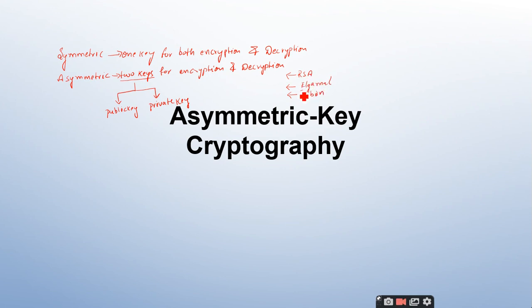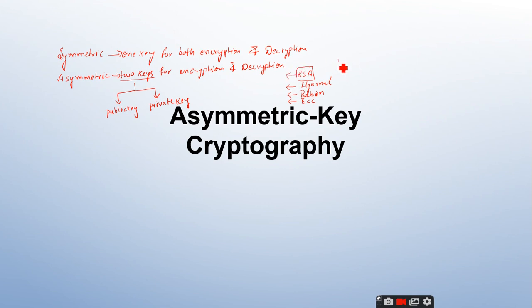RSA crypto system, ElGamal crypto system, Rabin crypto system. Similarly, another important concept is ECC. ECC stands for elliptic curve cryptography. And what is this RSA? It is an algorithm that is named after the scientists Rivest, Shamir and Adleman, right? So that we will discuss in the next sessions. So these are the different algorithms that are going to be discussed under this asymmetric key cryptography.